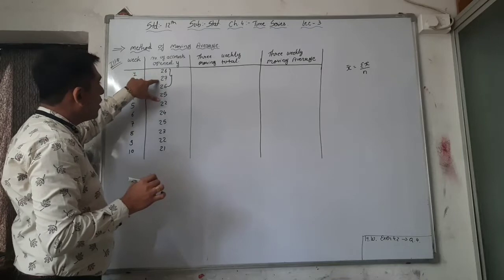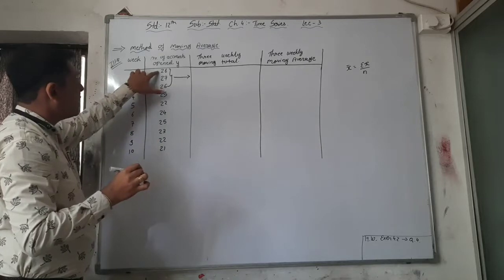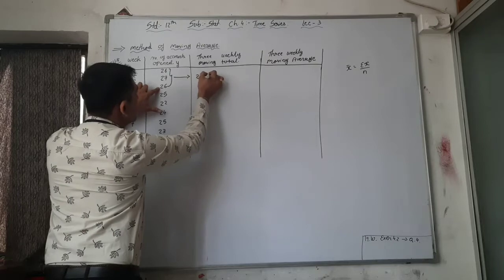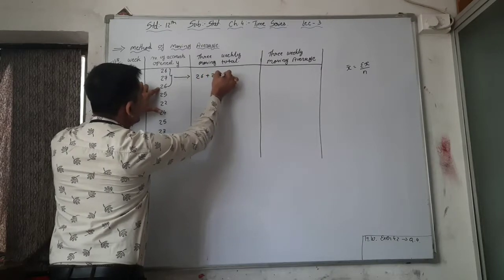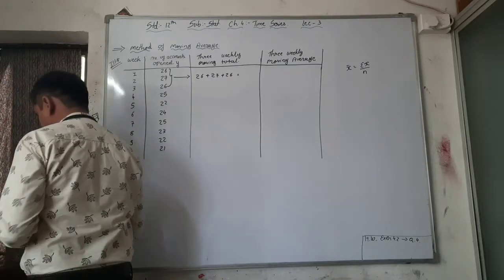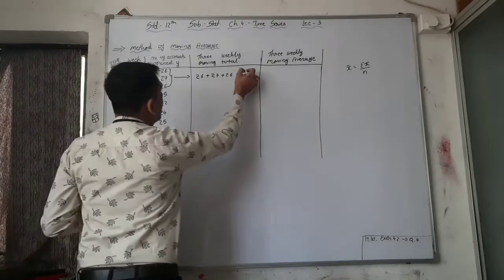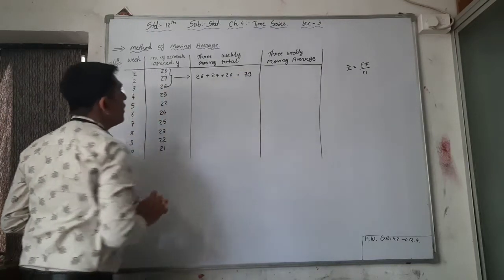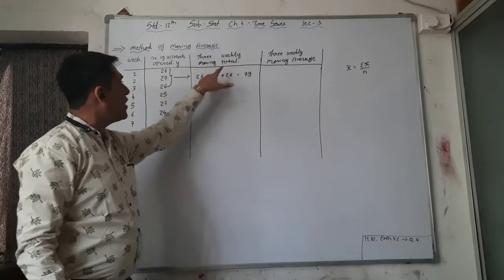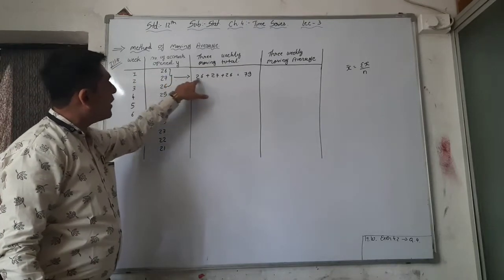That's why we have to write here 26 plus 27 plus 26. So the total is 79.